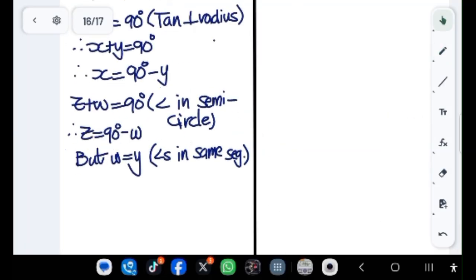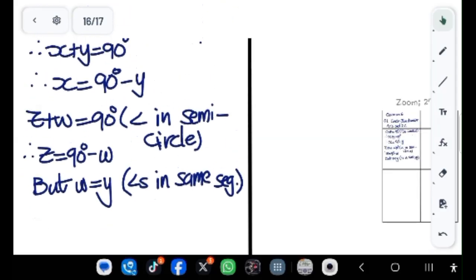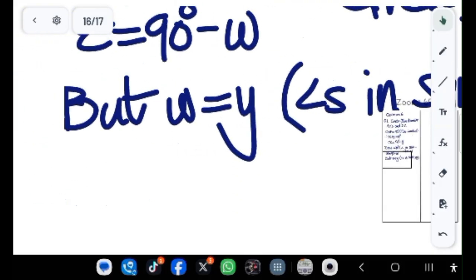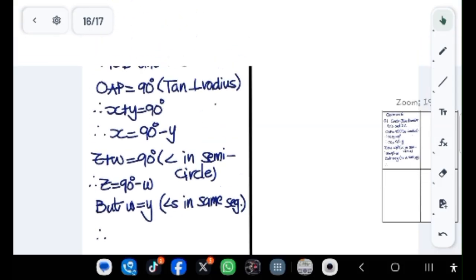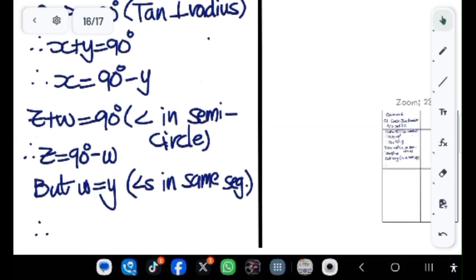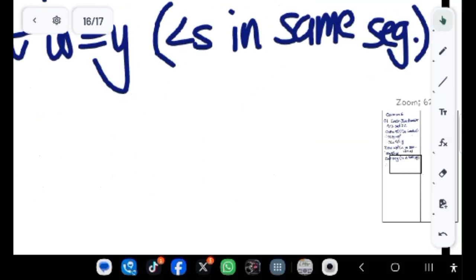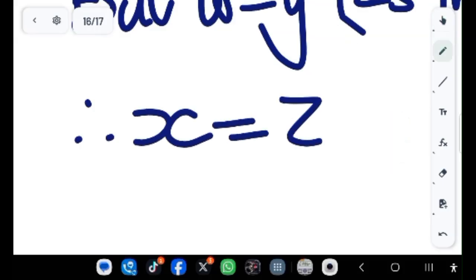Therefore, X plus Y equals 90 degrees. So now we've got W equals Y, therefore X equals Z.